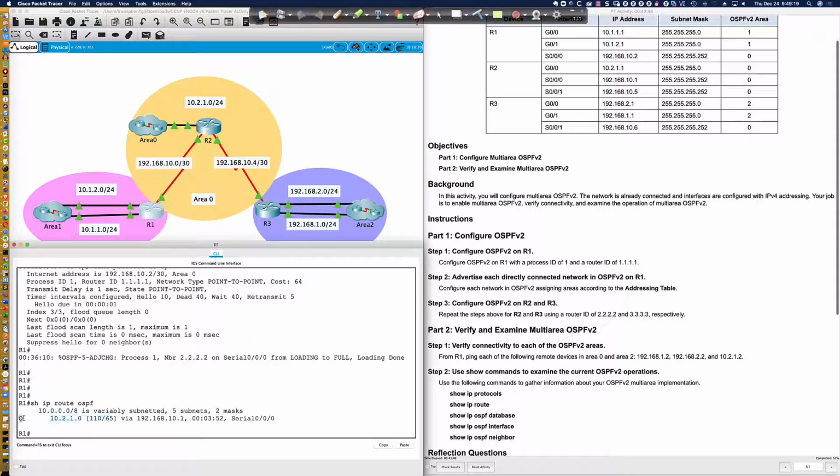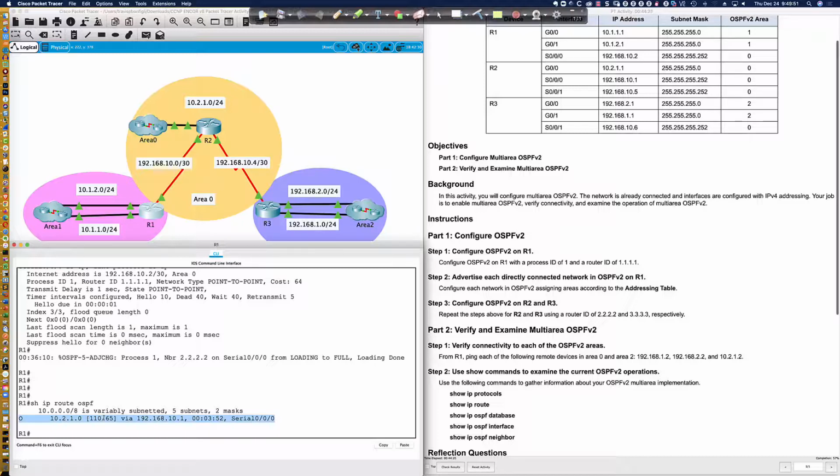and this becomes confusing for learners. Why do you not see an OIA on router 1 for this segment up here? Why is it not a type 3 on router 1? Because it's from area 0. Yeah, exactly. Remember, router 1 is straddling the fence. Router 1 is in area 0. So it will see that route for that network up next to router 2, the 10.2.1.0/24.